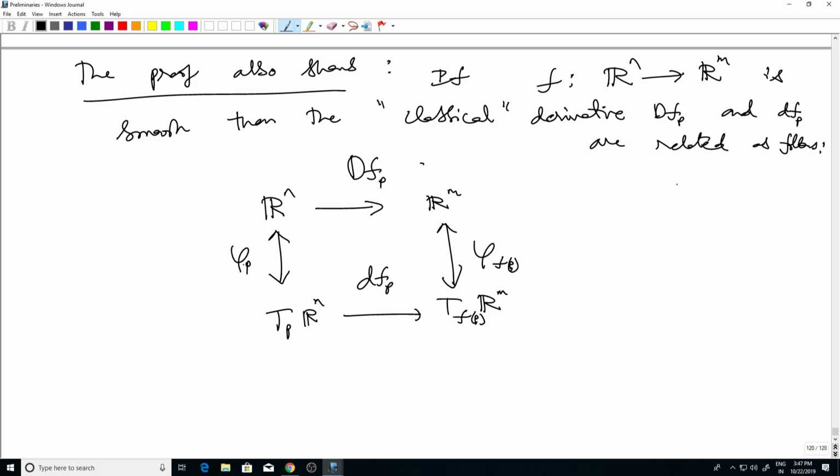In other words, I need arrows in specific directions. Let Vp go in this way and V the other. So then df of p composed with Vp is equal to, well, you do this first.